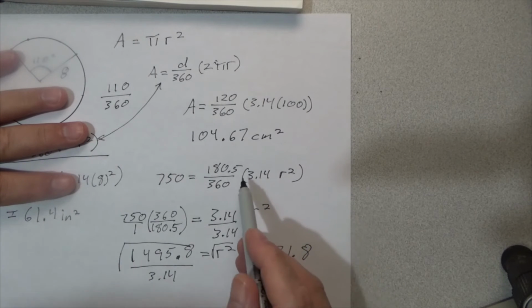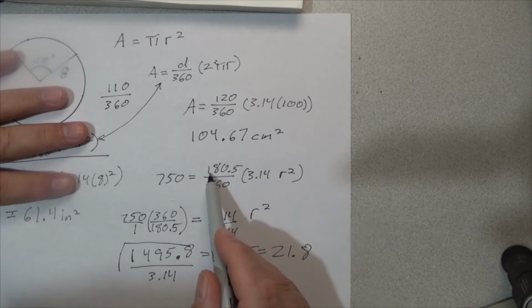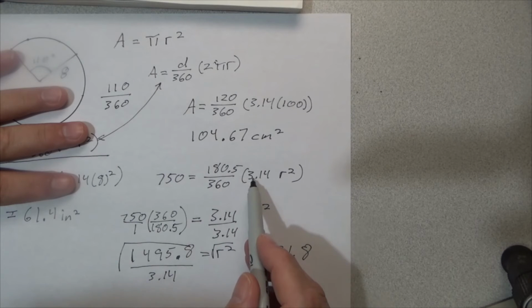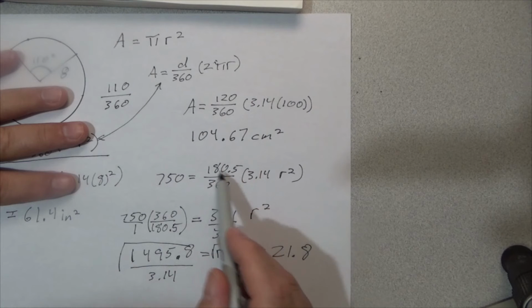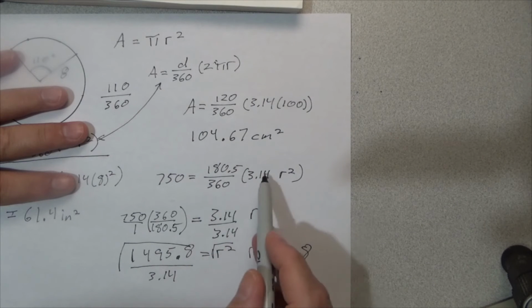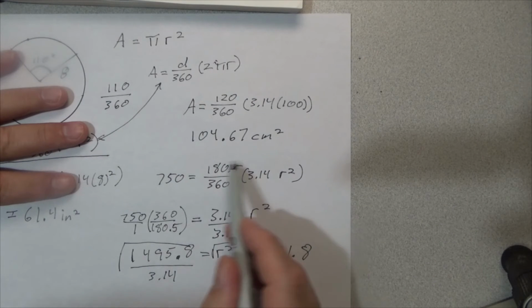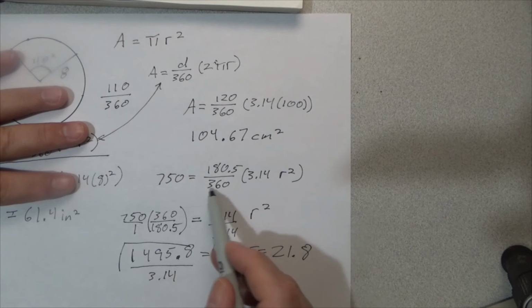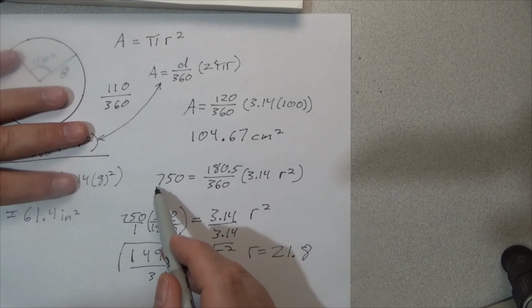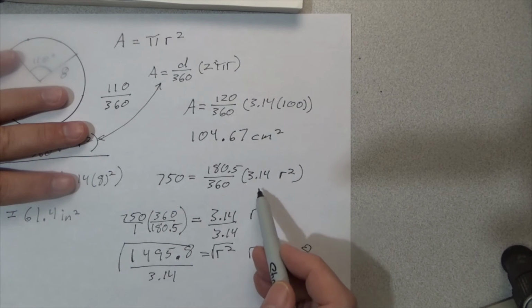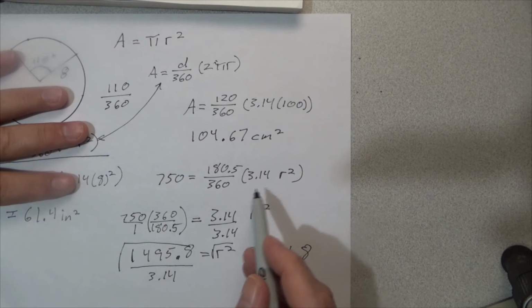At this point, you could take 180.5 and multiply it by 3.14, then take that number and divide it by 360 to get one number, and then divide both sides by 750, and then take the square root. You could have done it that way, which is just fine.